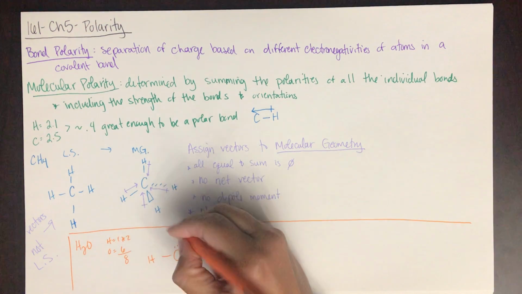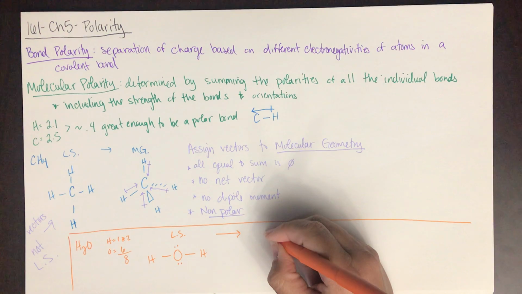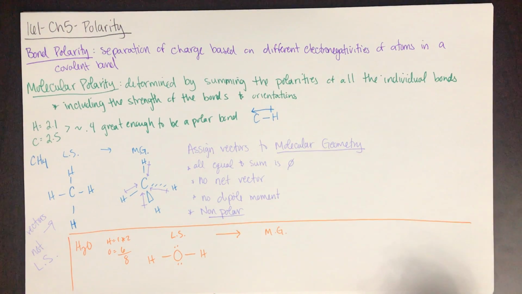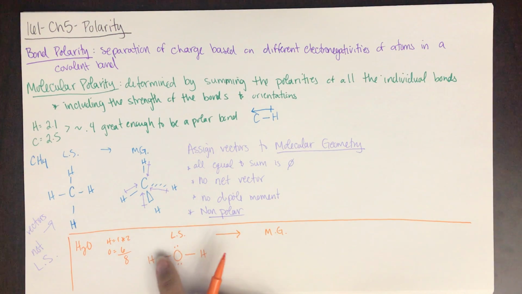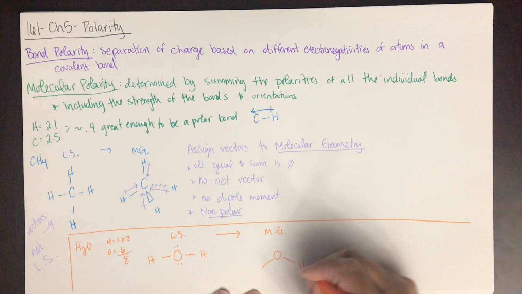This is the Lewis structure. From the Lewis structure, we're going to assign the molecular geometry. The molecular geometry, remember we said this has a steric number of 4. So it has 2 regions of lone pairs and 2 regions of bonds. So the molecular geometry of water looks like this.